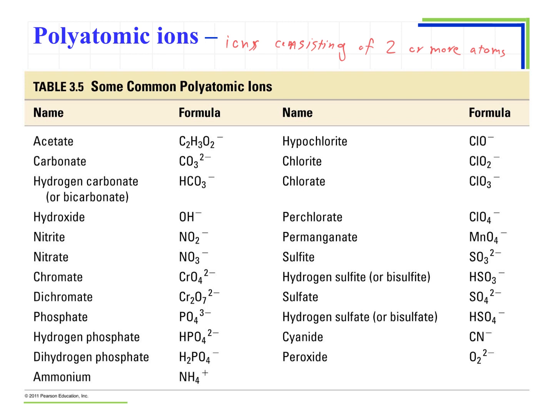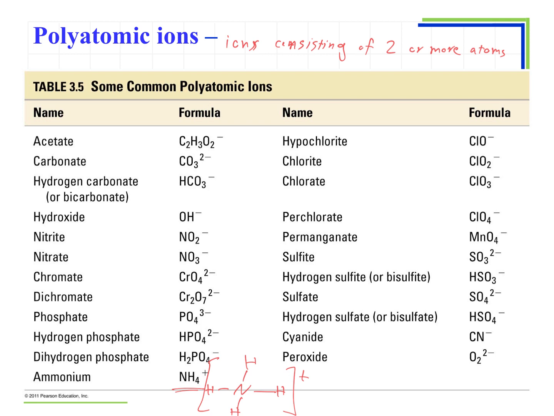For example, ammonium here has 1 nitrogen and 4 hydrogens, and the whole molecule has a plus charge. Okay, so it's not like we have a plus charge on nitrogen or on hydrogen, but the charge is on the whole molecule.